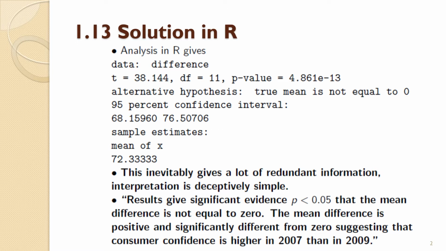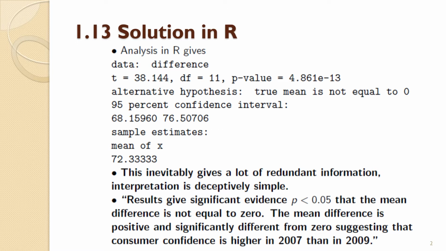So the way I would interpret this: this p-value is 4.861e-13, which is 4.861 times 10 to the minus 13. Because that is less than 0.05, this gives you evidence that the mean is not equal to 0, and then the mean of x is 72.33, which is positive.